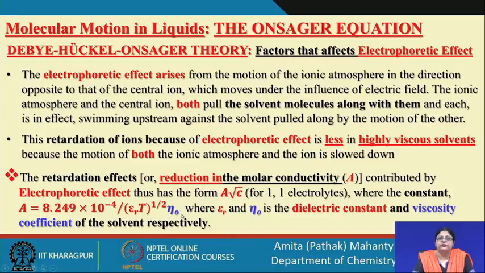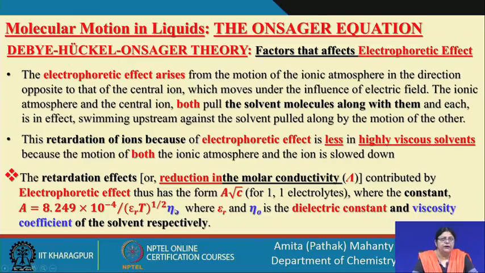This is the new term which we have added when we are talking about the contribution of the electrophoretic effect towards the lowering of the molar conductivity. So, these are the two parameters which we have taken down.